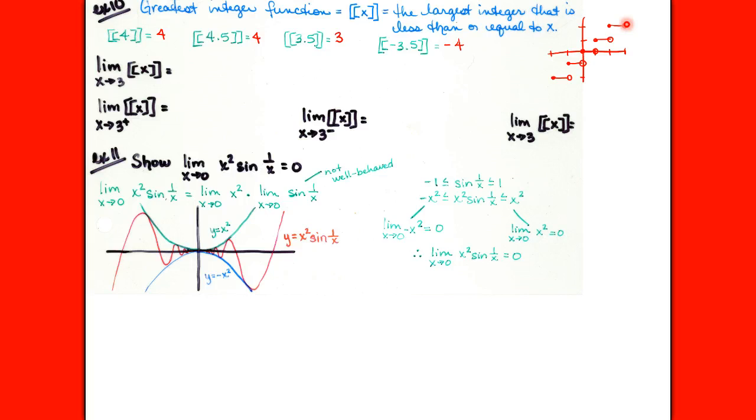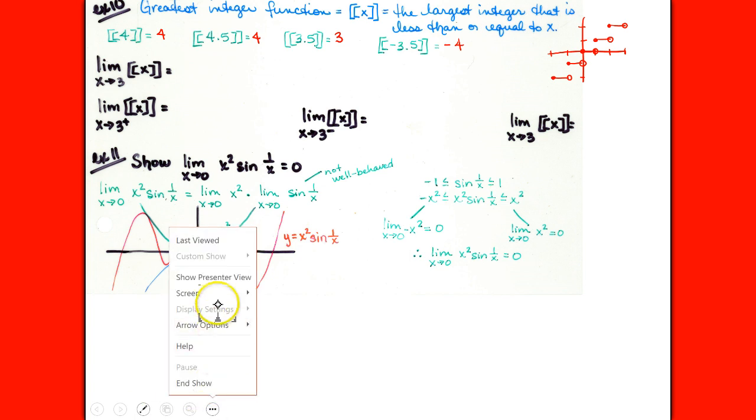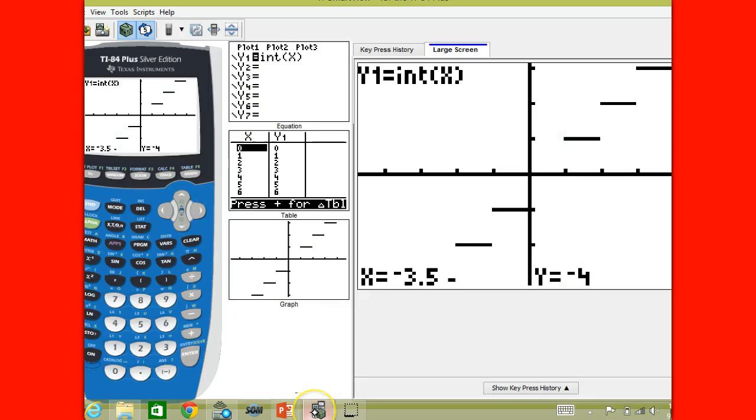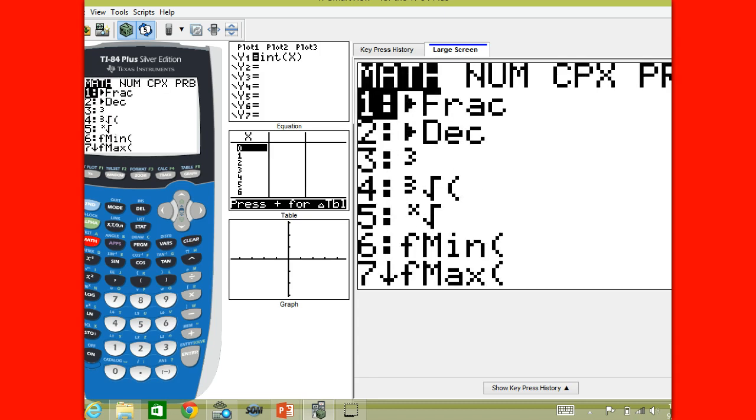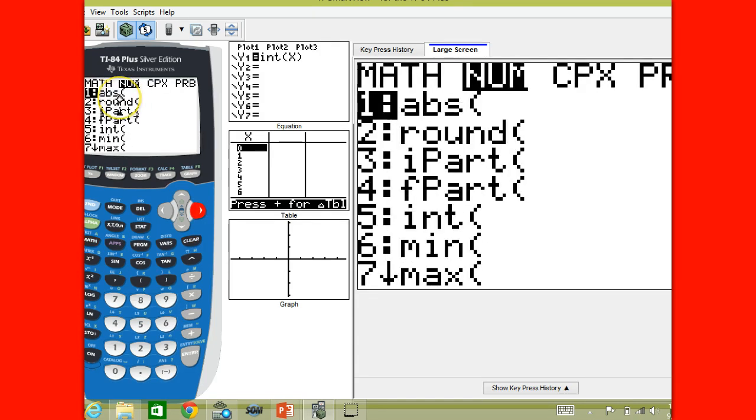So we could also graph that on our calculator. Grab your graphing calculator if you would. The way that I graph that on my calculator is I'm going to go to y equals, and I'm going to go to math and go over 1 to number or numeric, and then it's right down here, number 5.